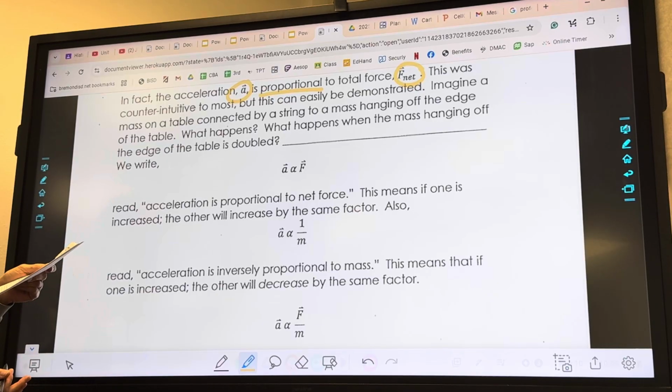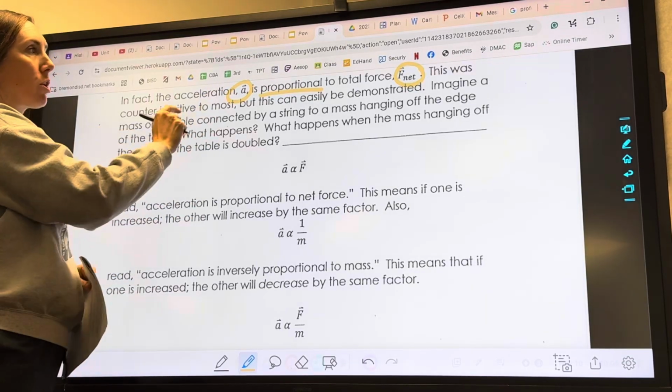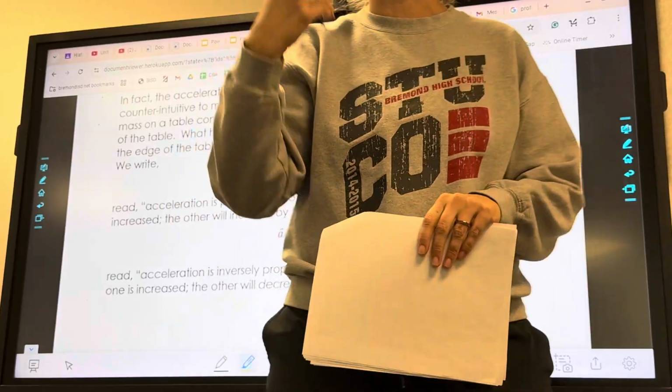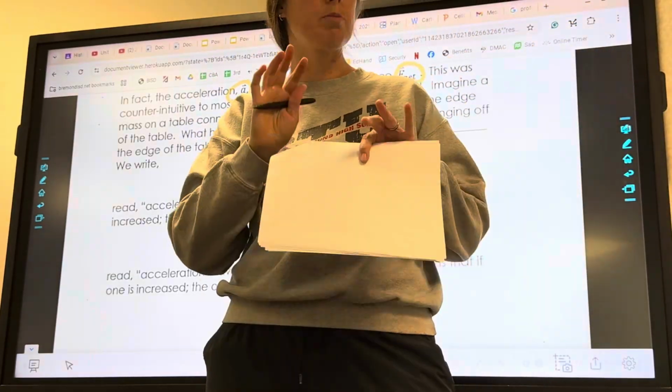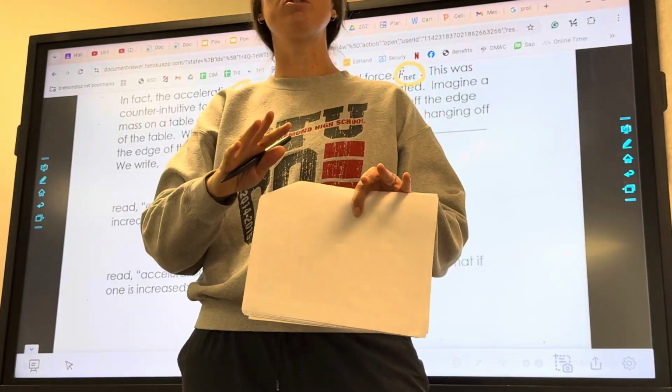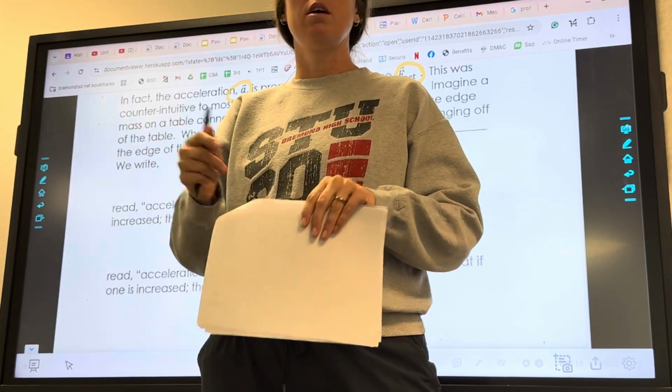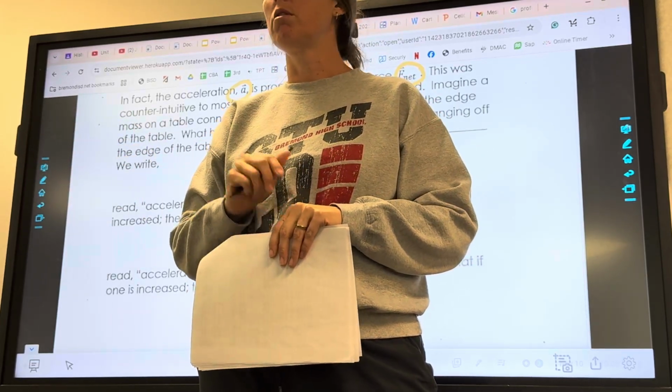What happens when the mass hanging off the edge of the table is doubled? Okay, so proportional. Does anybody know what proportional means? A lot of times we use it when it comes to like ourselves, like, oh, she looks pretty proportional, or that looks pretty proportional. Equal. Yeah, goes together. That does not look proportional.